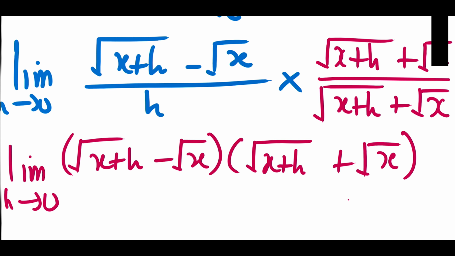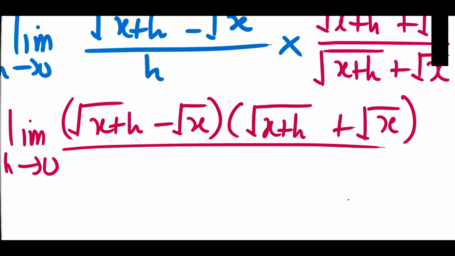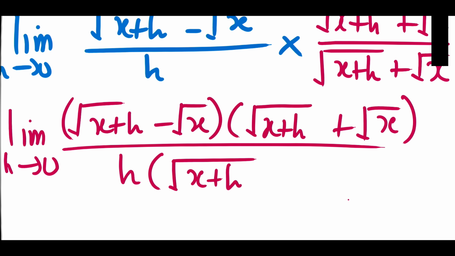Then close it nicely. Same thing will be done to the denominators. We are going to get h also multiplying square root of x plus h plus square root of x.